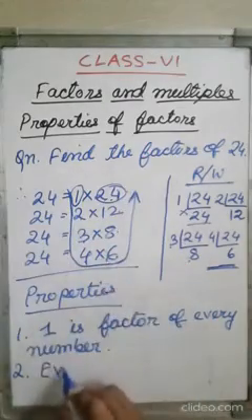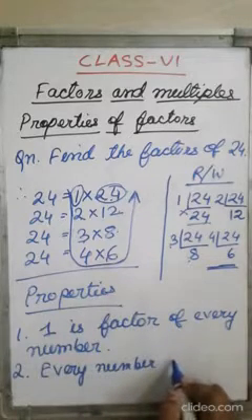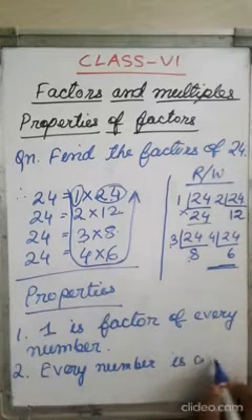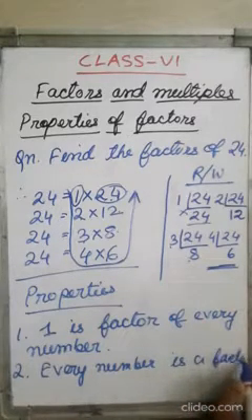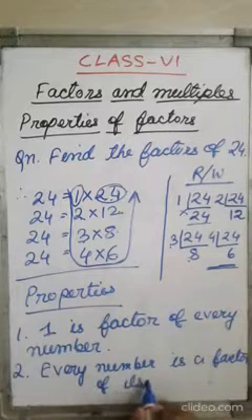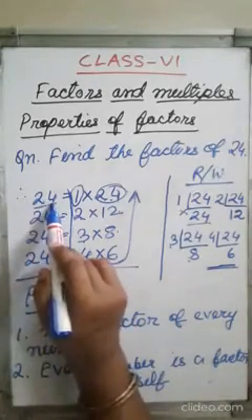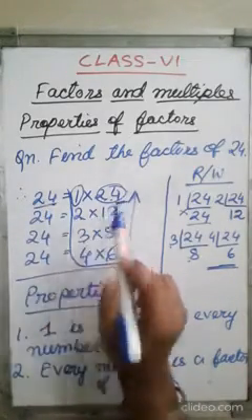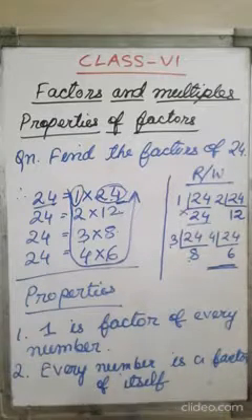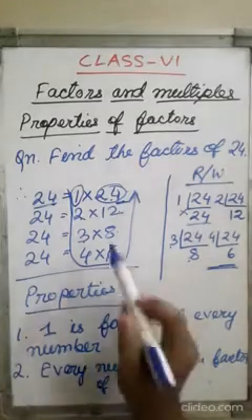So every number is a factor of itself. So 24 is a factor of 24. Property number 3, every factor of a number is less than or equal to the number.